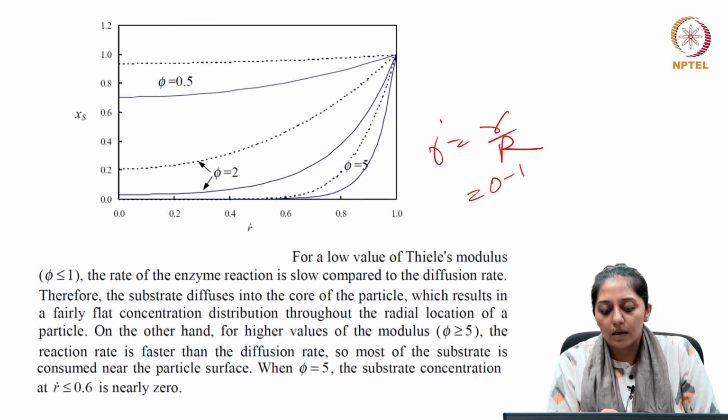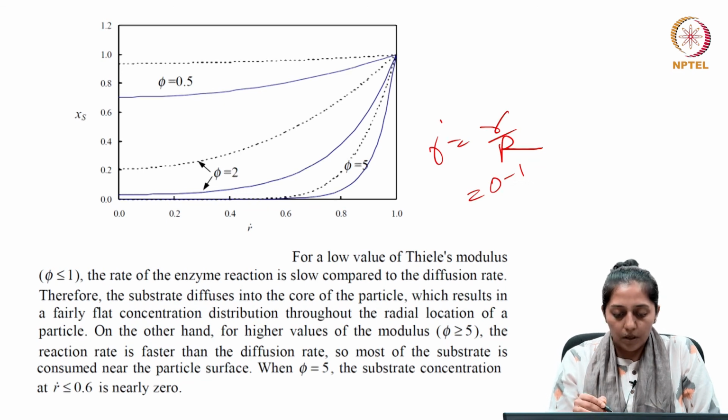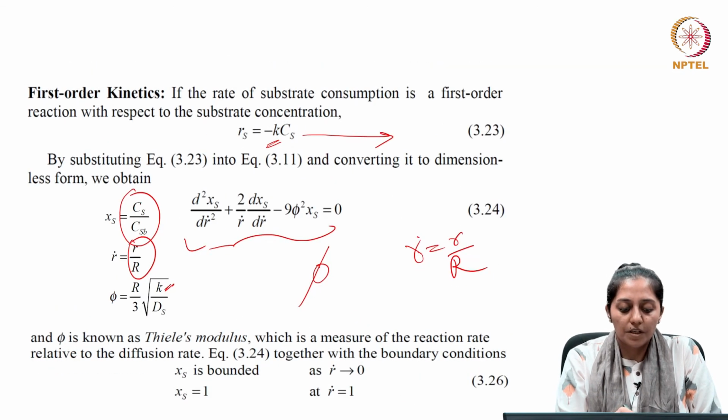So, when R dot is equal to 1, which means at the surface, and Thiele modulus is very high, and what was Thiele modulus? Thiele modulus was a ratio of the reaction rate to the diffusion rate.